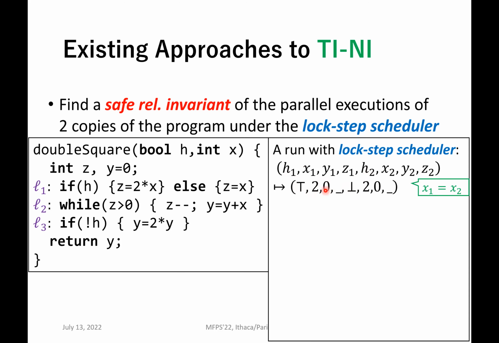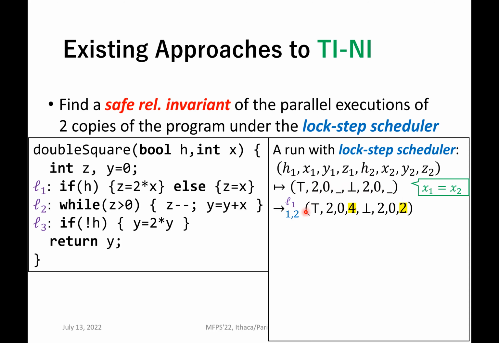Both copies assign 2 to the variable x, and y is assigned 0. The values of z can be arbitrary.